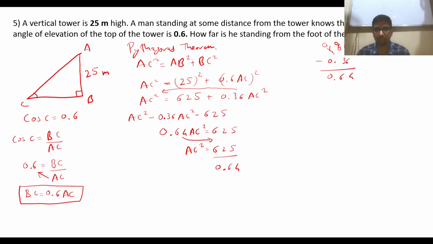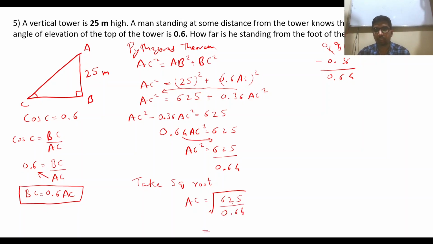Now this is square. I want to remove this square. To remove square, you have to do square root. So take square root. So we will have AC, only AC, and this thing will become under root 625 upon 0.64. Do not divide.